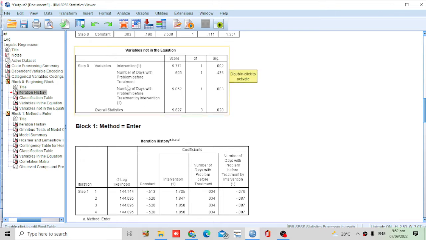Interventions and the interaction between the number of days with problem before treatment and intervention are also significant. So let us see.